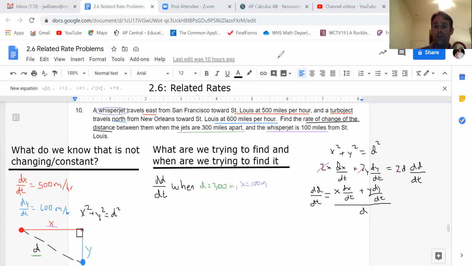And of course, because it wouldn't be complete if there was something that we didn't know, in this case, that thing we didn't know is the y value. So let's go find it.